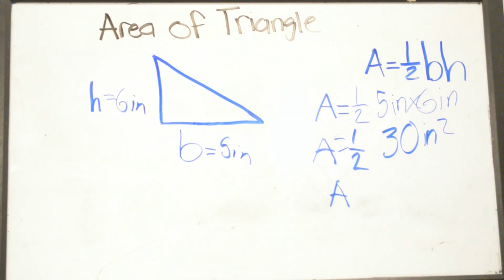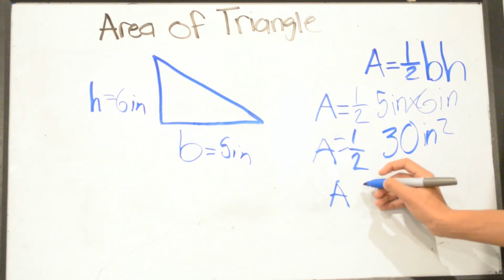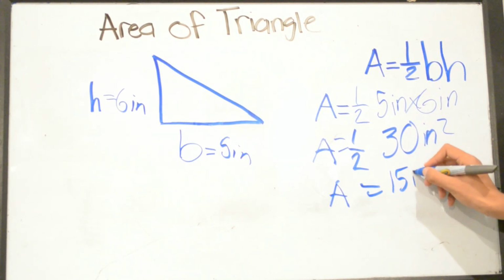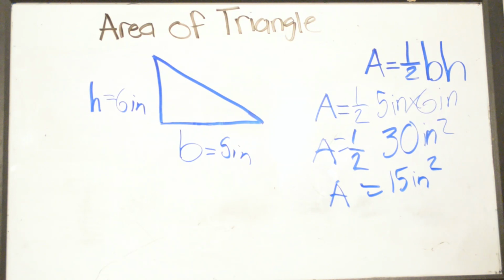The half of 30 inches is 15 inches squared. The reason why our final answer is 15 inches squared is because 30 divided by 2 is 15.